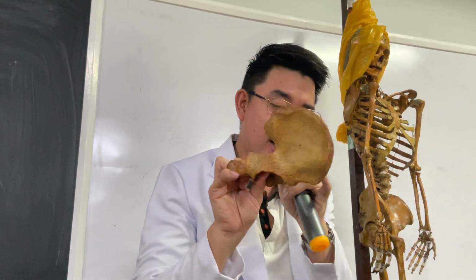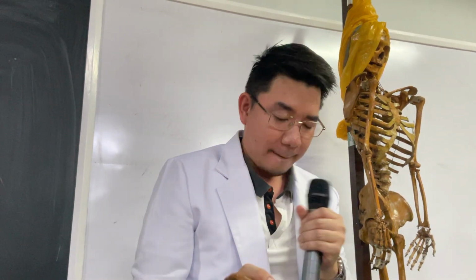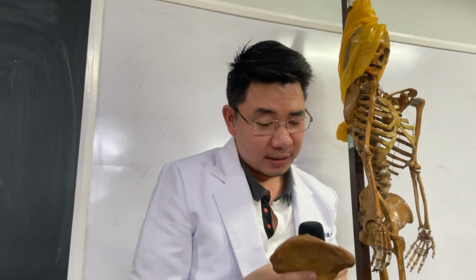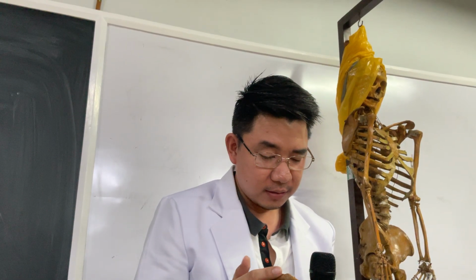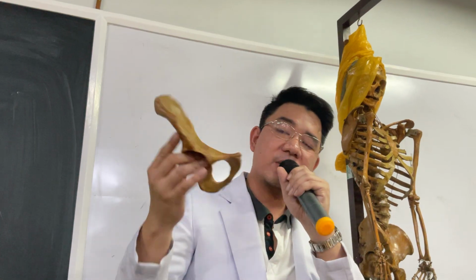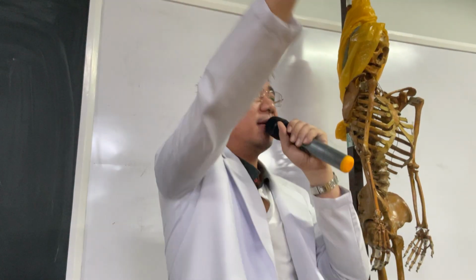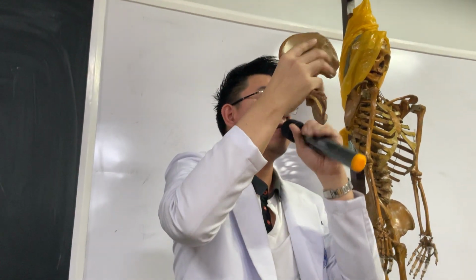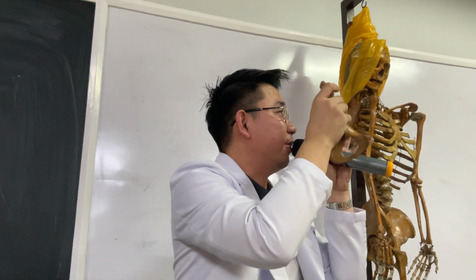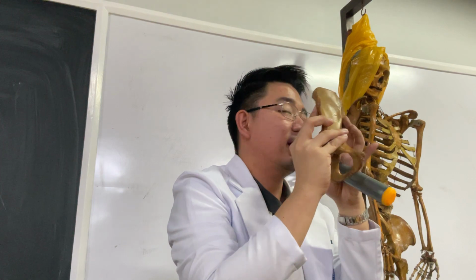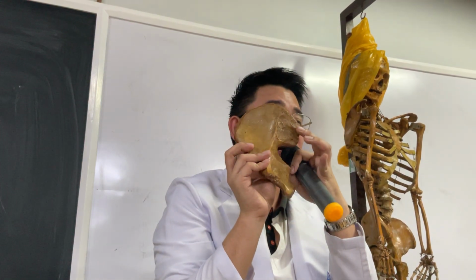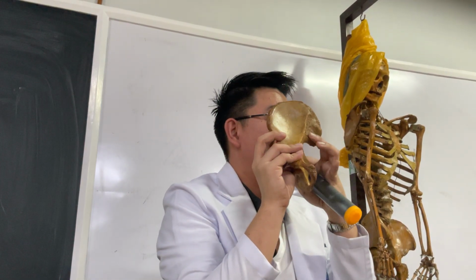Let's go here at the back. Okay, so here at the back, this rough area is known as the iliac tuberosity.